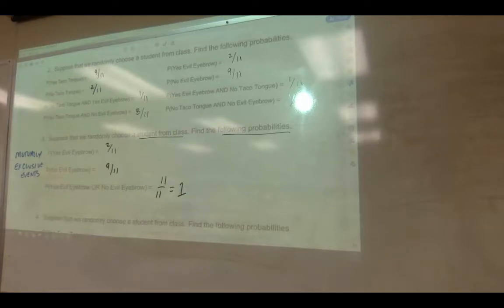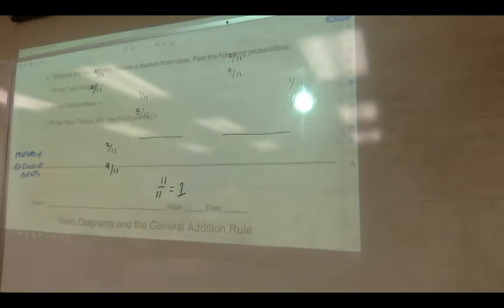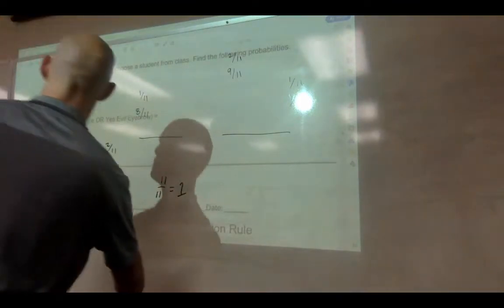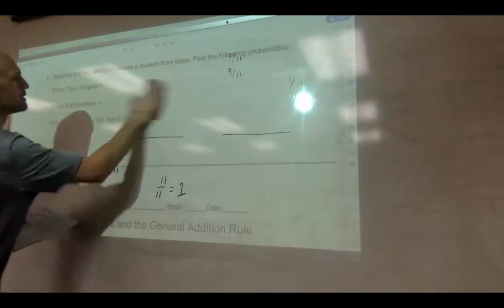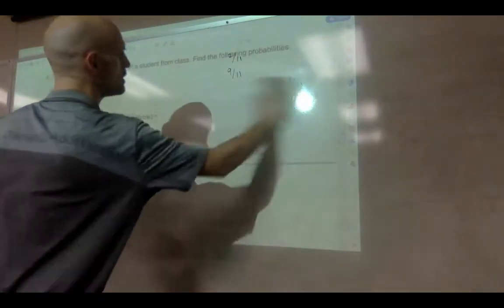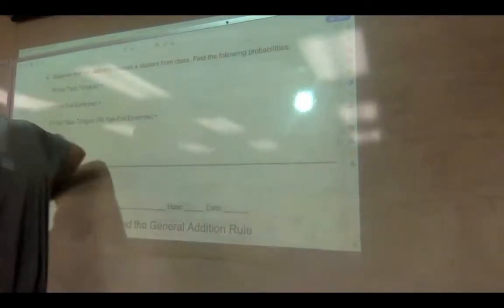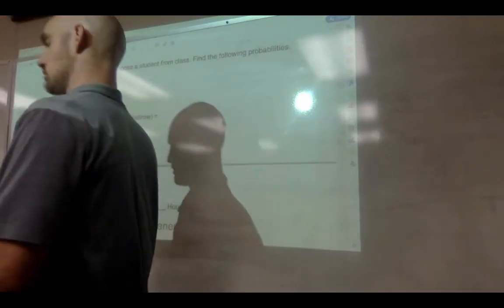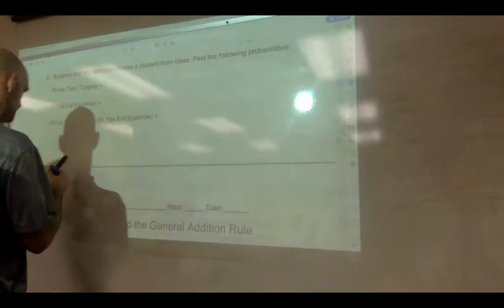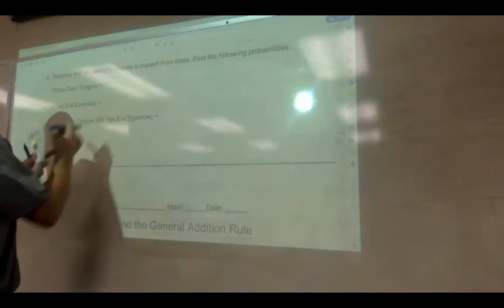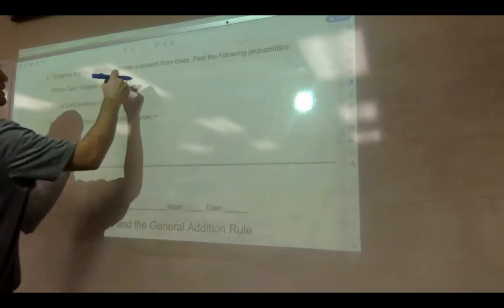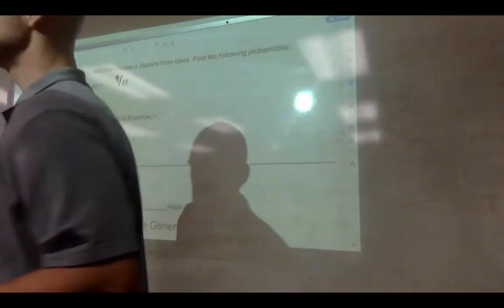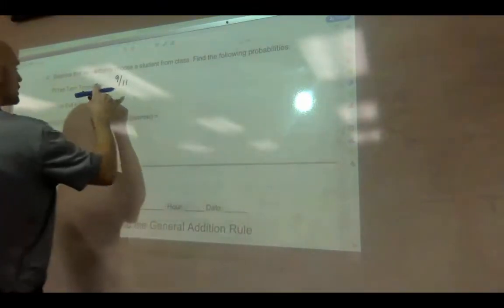Let's look at the bottom. Suppose that we randomly choose a student from the class. Find the following probabilities. What's the probability of yes to taco tongue? 9/11. Probability of yes to evil eyebrow.